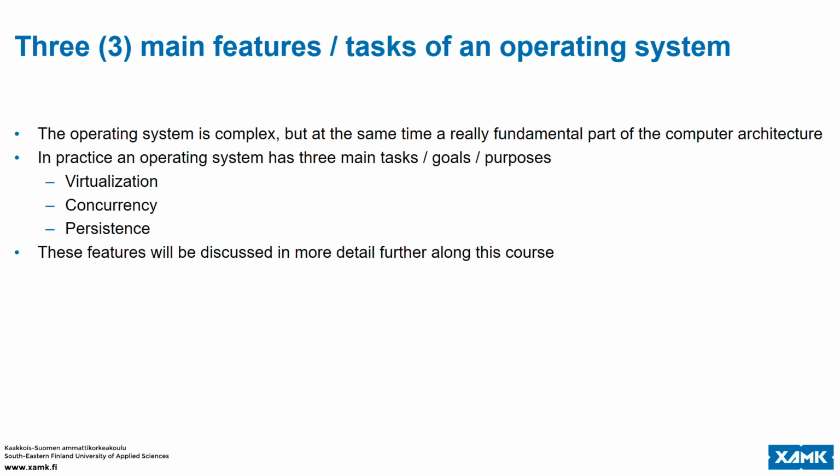We will get back to these concepts later on in the following lectures, one concept at a time. But in short, virtualization basically means providing a platform for the application programs to run. In practice, imagine you download an app on your smartphone.